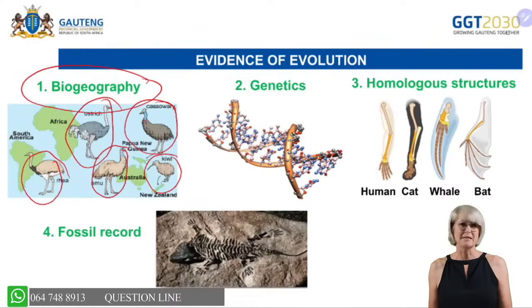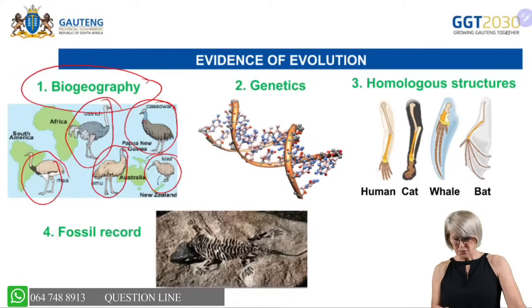Because they cannot fly. So how did we get similar organisms on all the continents that are separated by vast oceans? That is evidence that at one stage all those continents must have been joined in a supercontinent, and so the common ancestor of all of those individuals originated on that large continent.